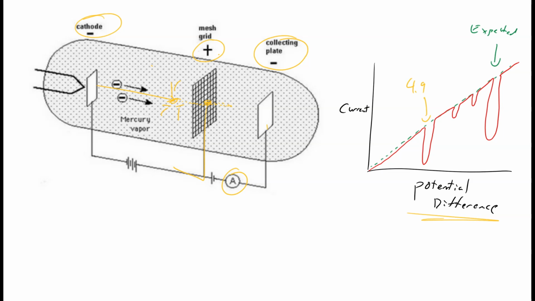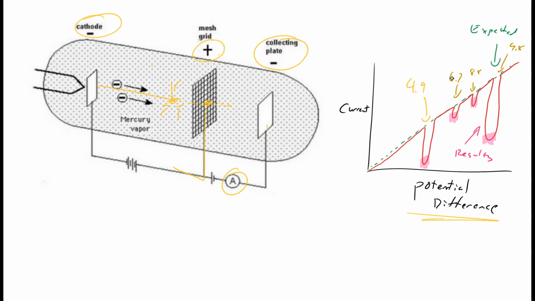And that would explain these drops that we're seeing right here and these other places right here. Now, in the case of mercury, we found these values to be 4.9, 6.7, 8.8, and 9.8. So at these spots, we saw these inelastic collisions occurring.